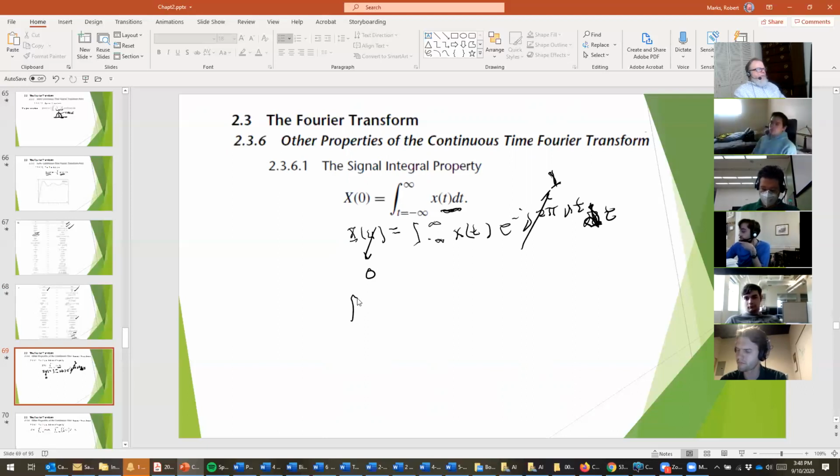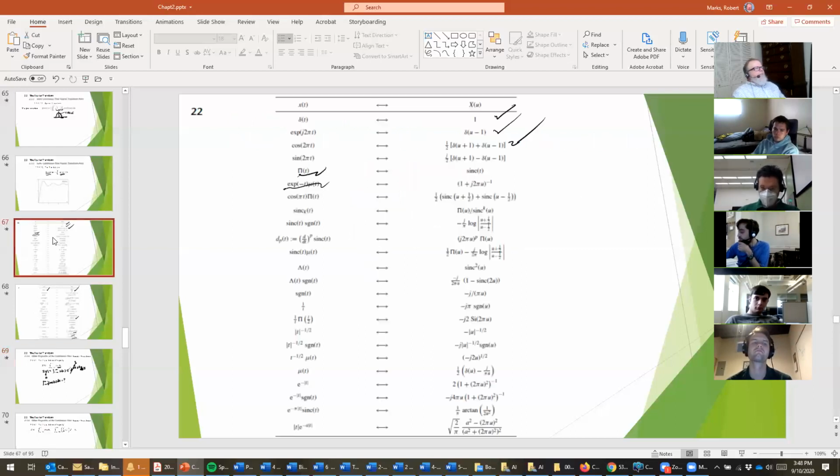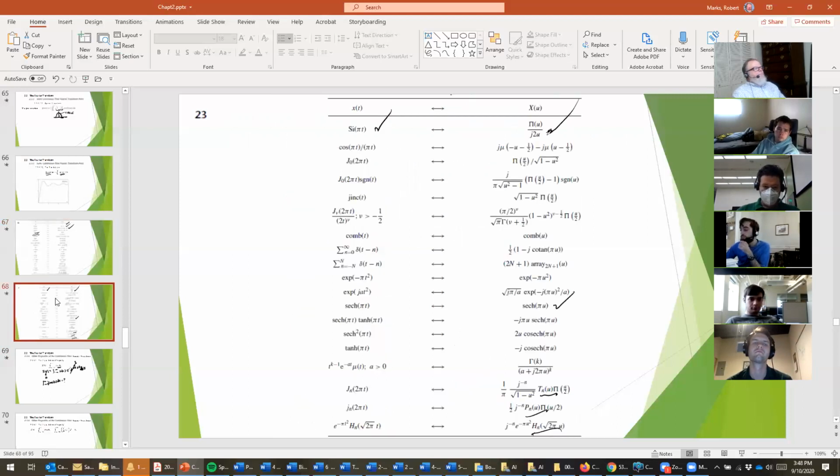So this allows us to evaluate a number of interesting things. What's the integral from minus infinity to infinity of a jinc function? To evaluate this, you'd have to go to Mathematica or Wolfram Alpha or something. But if we go back, let's see if we can find the jinc function on here. Okay, I don't see the jinc function here. Maybe it's here. Yeah, it's the 5th. Okay, here we go.